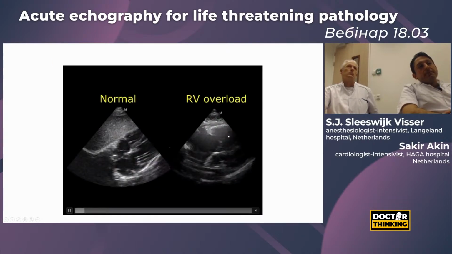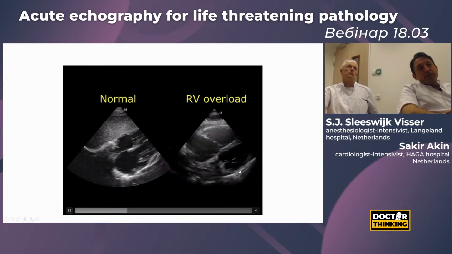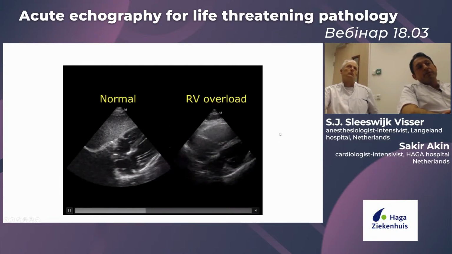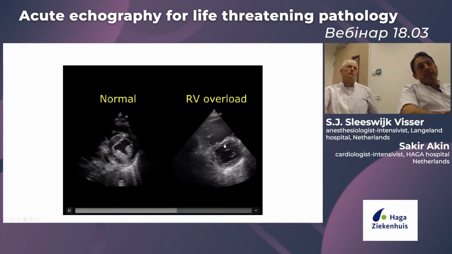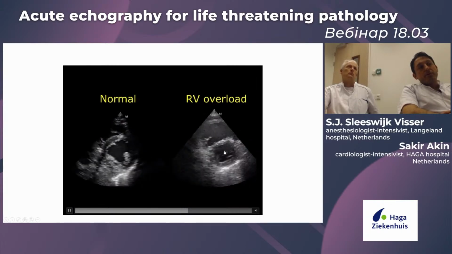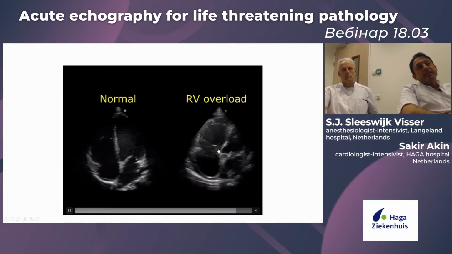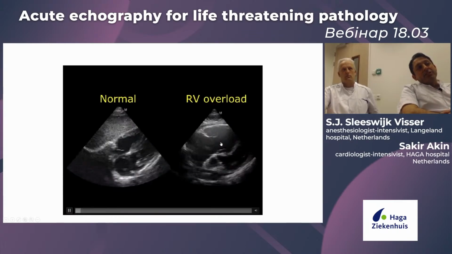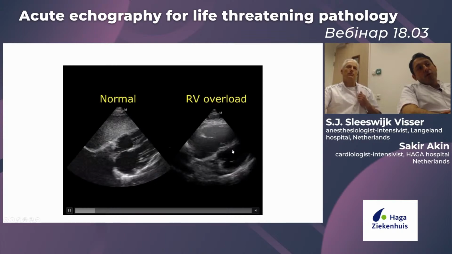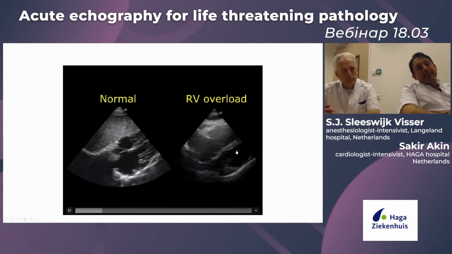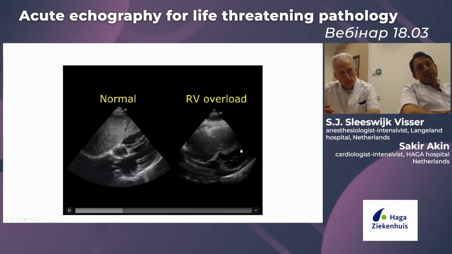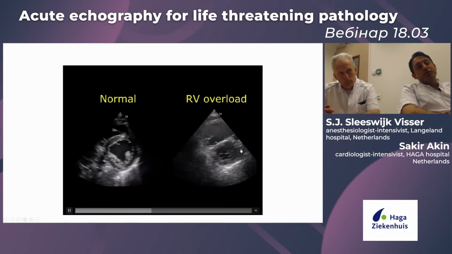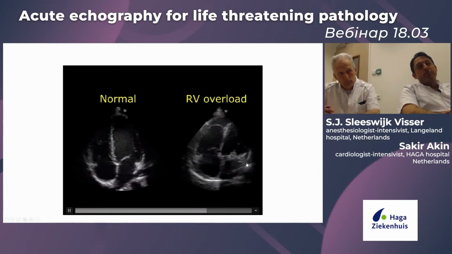Like you see here, the right ventricle is much bigger than the left ventricle, or much bigger than the normal size, and it also gives the D sign in the parasternal short axis or the subcostal short axis. There can be a diastolic D sign, but in 99% it is a systolic D sign because of the acute pressure increase in the right side of the heart by pulmonary embolism.